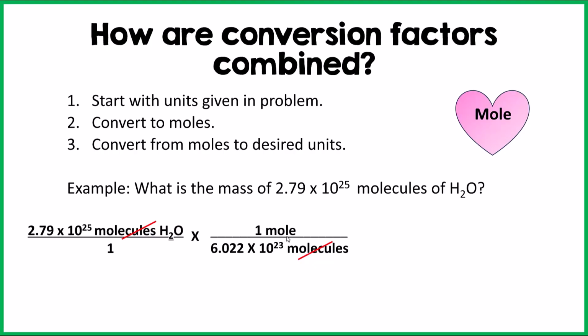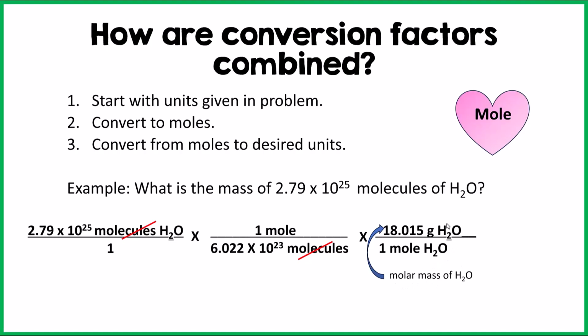Now we are at moles, but we want to get to mass, so we need to convert further. So we're going to use another conversion factor, and in order to get from moles to mass, we need to use the molar mass. So we're going to put moles on the bottom here, and we are discussing water, H2O. So there are 18.015 grams of water in every mole of water, and that is the molar mass.